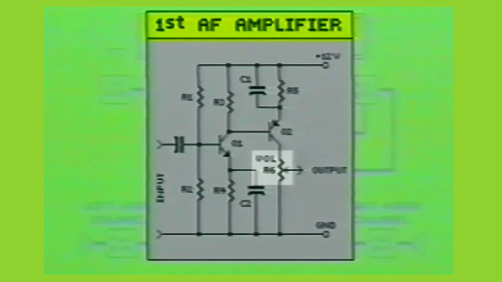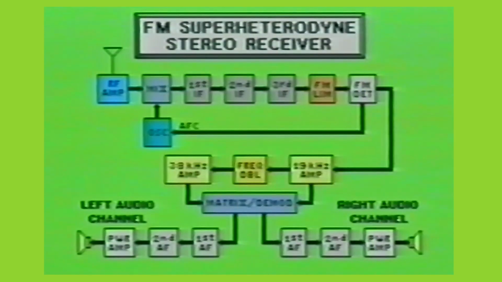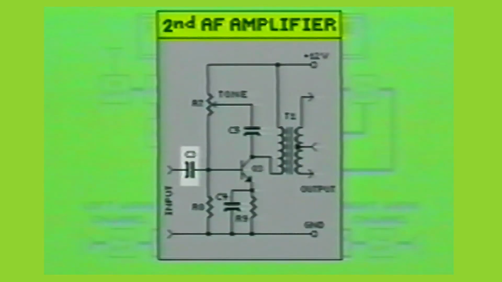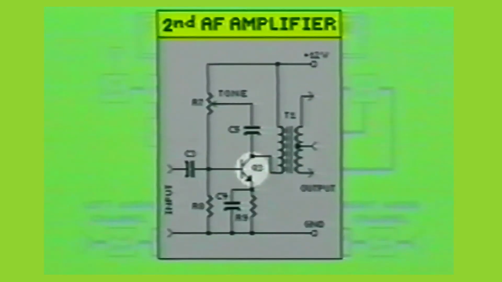The second audio frequency amplifier in both left and right channels is capacitively coupled to the output of the first audio frequency amplifier. The audio signal from the previous stage is applied to the base of transistor Q3, which is biased in a Class A operating mode, and as you can see, is an NPN bipolar device.